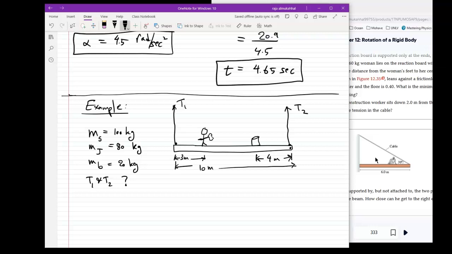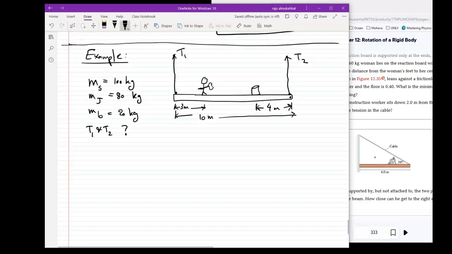Well, if I'm going to apply Newton's laws, the ones we studied back in chapters 6, 7, and 8, I can convert this whole thing into a free body diagram. Here is the scaffold again, and I have tension T2, tension T1.